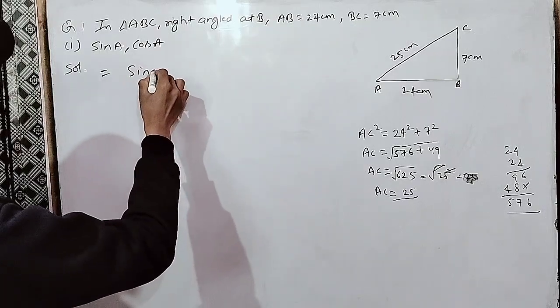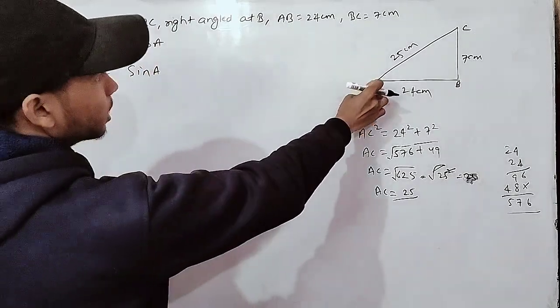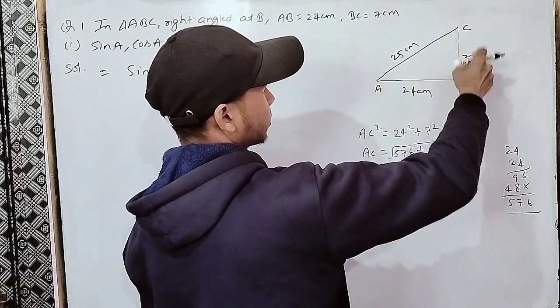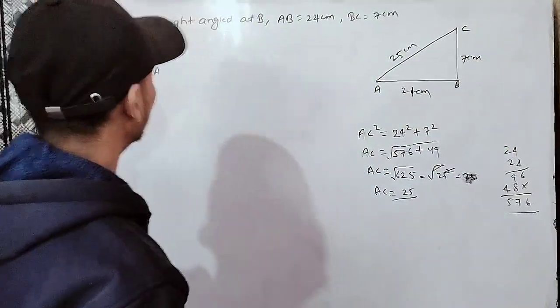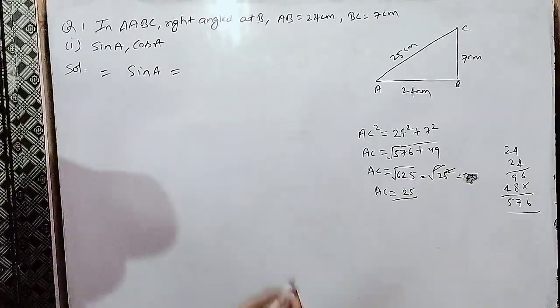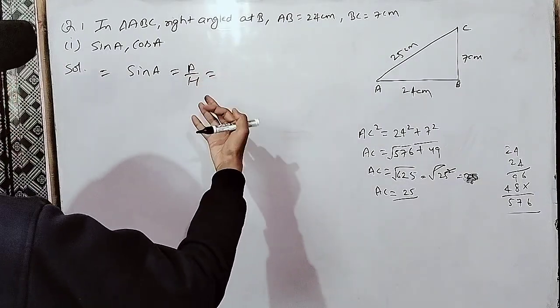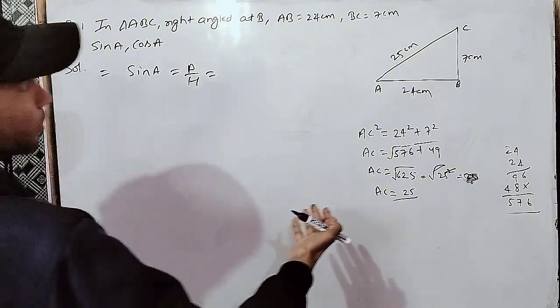Sine. So here our angle is here. Opposite to this is the side BC. This would be the perpendicular, as you know. So the ratio of sine is P by h. Just put the value of P and the value of h.